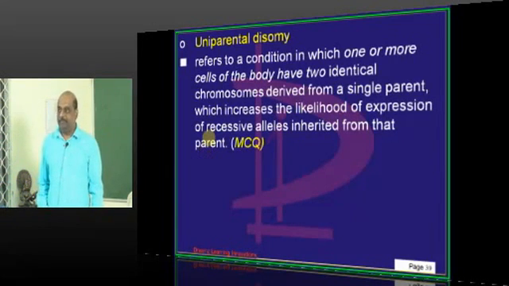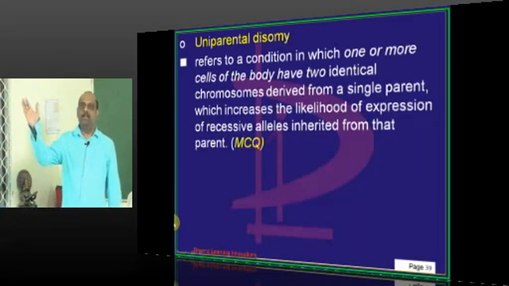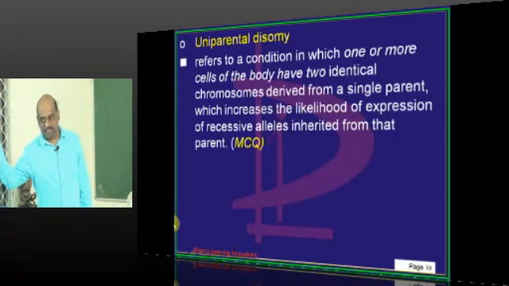Suppose in some people both the abnormal recessive alleles come from a single parent, only one chromosome carrying both the recessive alleles, and the other chromosome, though normal, does not have an abnormal allele. Then the disease becomes expressed.